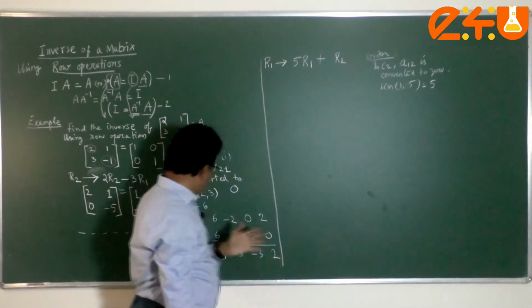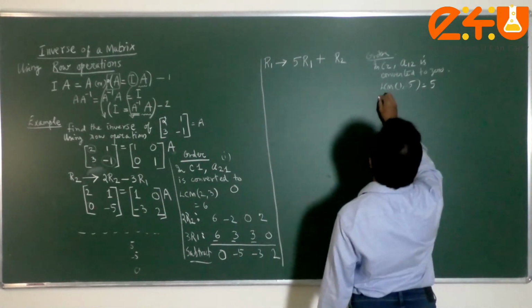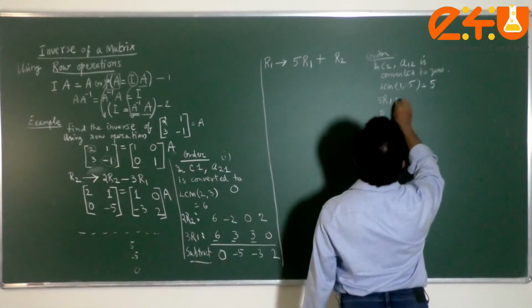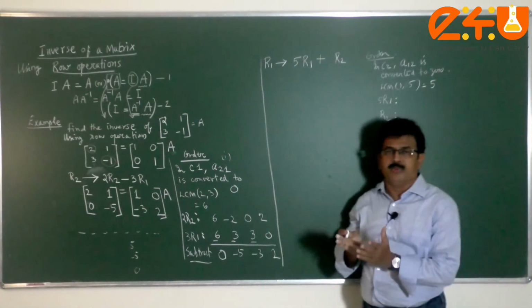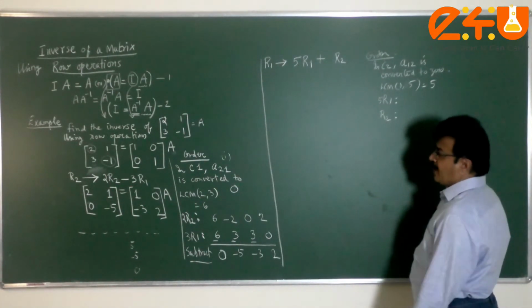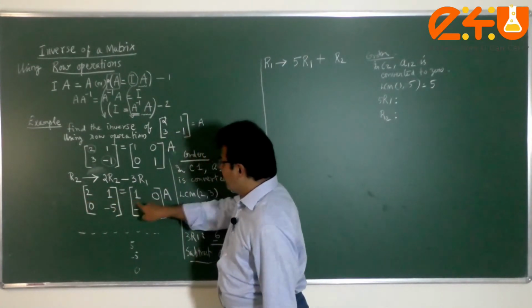And just like we did here, write down in the rough column, maintain a rough column. Students understand this kind of problem requires maintaining a proper rough column. 5 times R1. R1, please note, the elements are 2, 1, 1, 0.